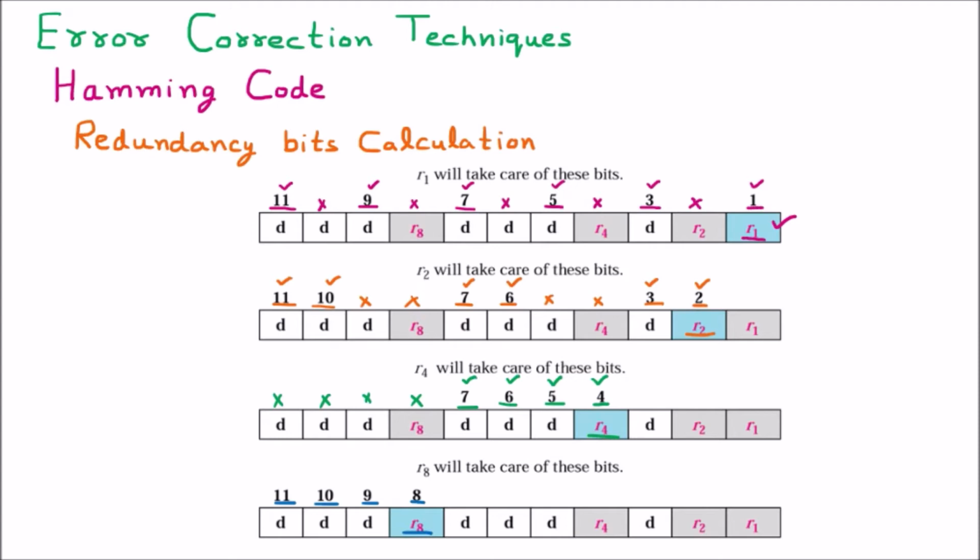That's why it is not going further. Otherwise, we will take care of 8 bits, then leave 8, then take 8, then leave 8. This way it will go. So in this data availability, it is going to take 11, 10, 9 and 8. That is all R8 is going to take care of.